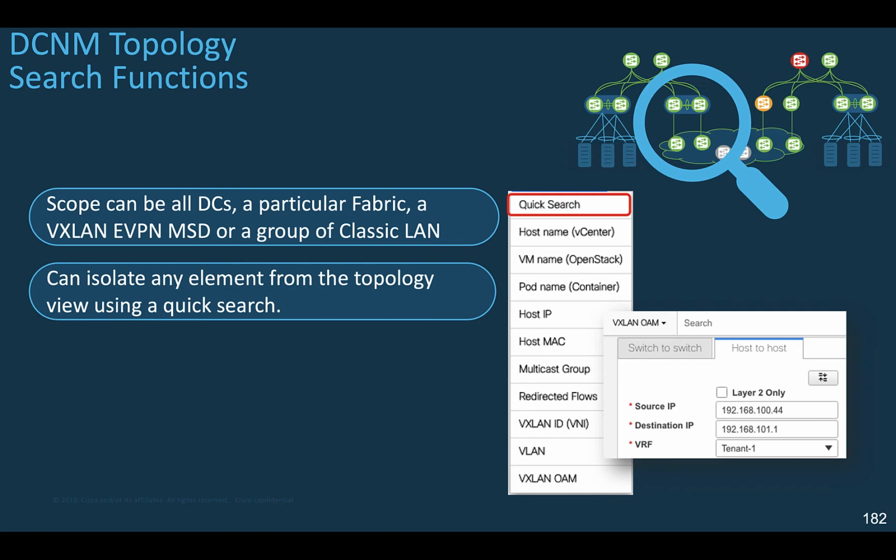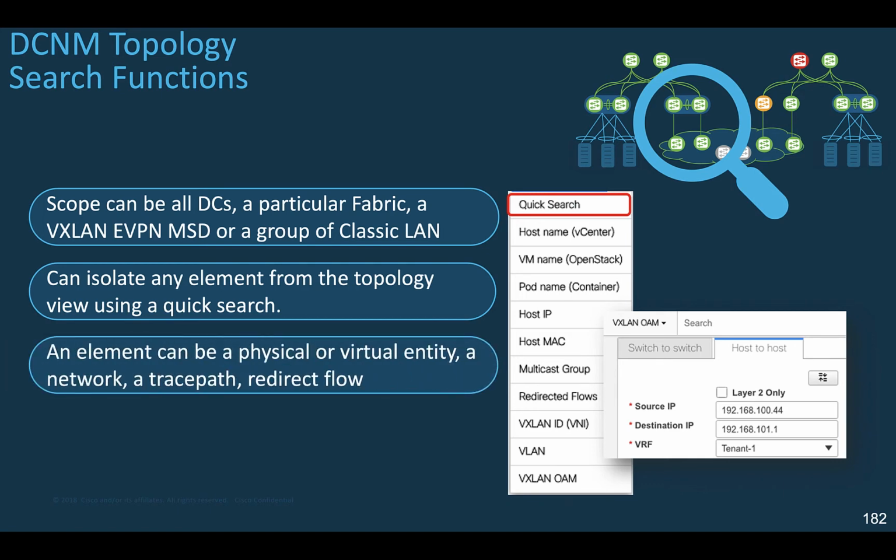You can search for a particular flow or for leaf nodes concerned by redirections to a service node. And above all, you can display the physical path for a data flow used by the overlay using the VXLAN OAM tools, operation, administration, and maintenance. And the element you look for can be a physical or virtual device, a network node, or virtual machines.